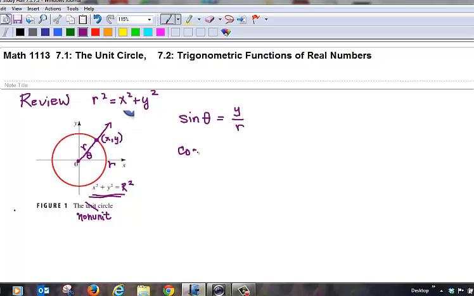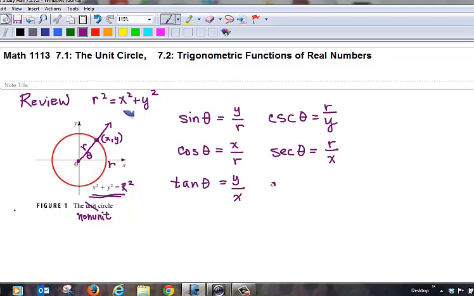The cosine of theta will be x over r, and the tangent of theta will be y over x. And then we also have the reciprocal ratios: the cosecant of theta is r over y, the secant of theta is the reciprocal of cosine, r over x, and the cotangent is the reciprocal of tangent, so x over y.